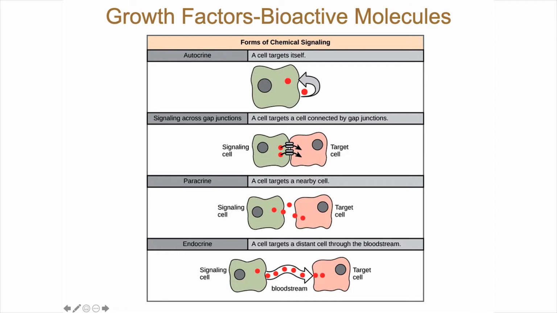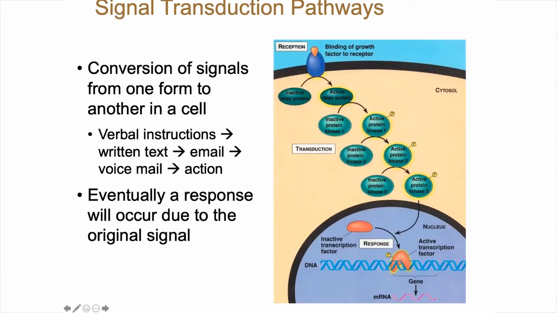And then you can have a cell, say, in your muscle, talk to a cell in your kidney. And they do this through an endocrine system, through signals that are sent through the bloodstream. So there's multiple ways that cells talk to each other. And this is required for proper function of the tissue and the organism. And so very briefly, signal transduction refers to the conversion of signals from one form outside the cell to a response inside the cell.